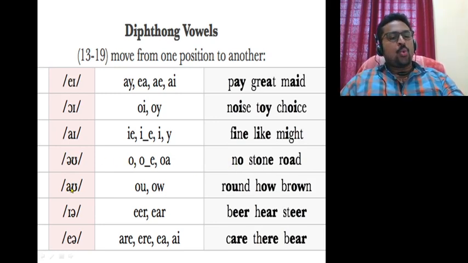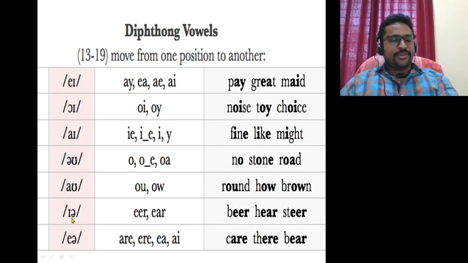Next, A-U, ow, as in round, how, brown, cow, out, right? Town, cow, round.